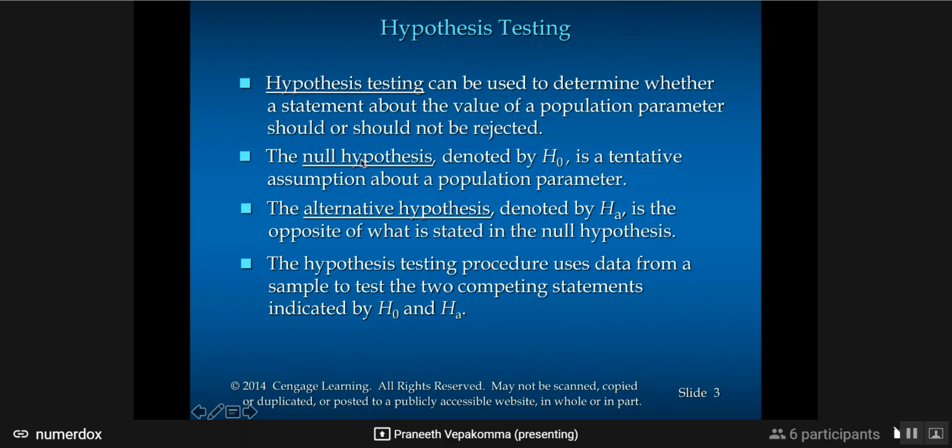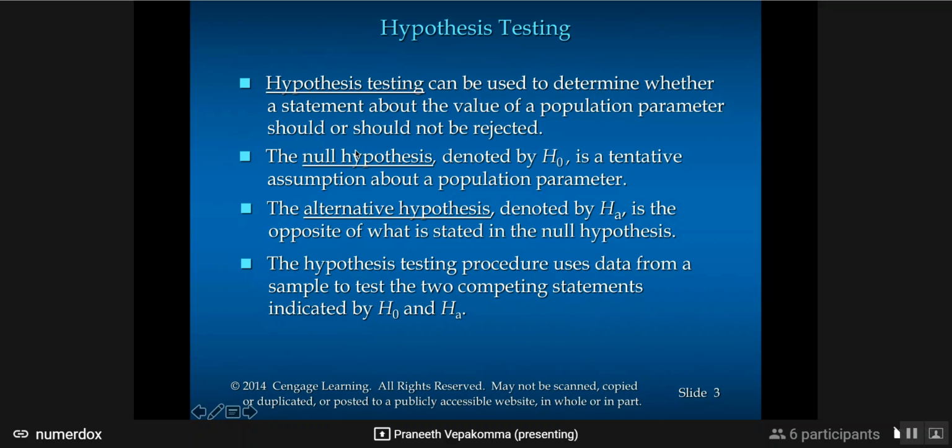If you don't have enough evidence to reject the null hypothesis, then you would want to choose that the person is innocent, right? Only make him guilty if you have enough evidence, because you don't want to make the error of saying an innocent person is guilty.